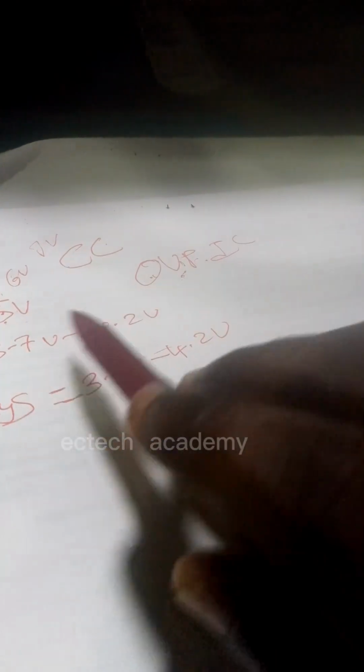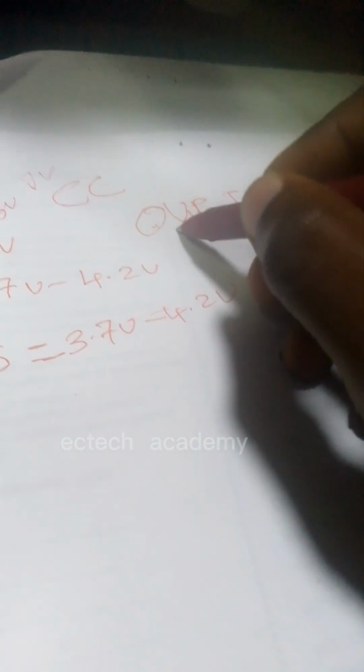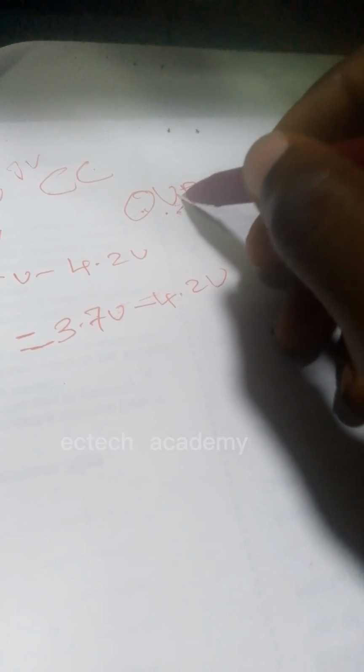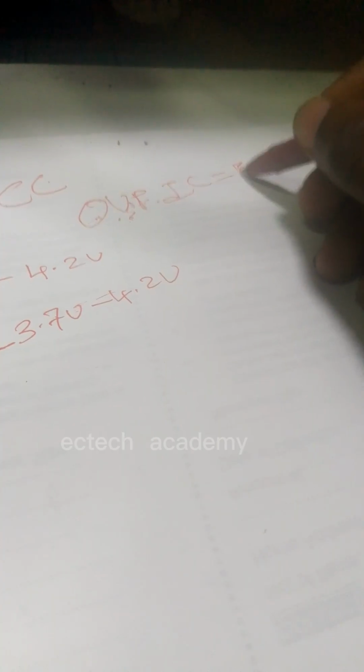Okay, so now listen. Now the output, this voltage coming from VBus, we enter this OVP IC, and this OVP IC will give out the voltage. So it's also 5 volts that this OVP will give out and go to what? Charging IC. It will go to the charging IC.